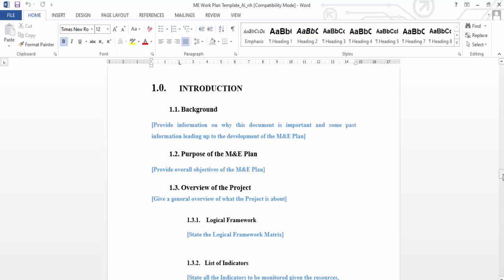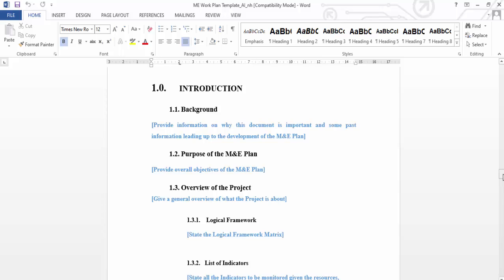What that will mean is that at the end of the project implementation phase, you should have been able to monitor and evaluate the project and produce the deliverables of the M&E interventions. Those deliverables could be the monitoring reports, the evaluation reports, and also the lessons learned and continuous improvement.